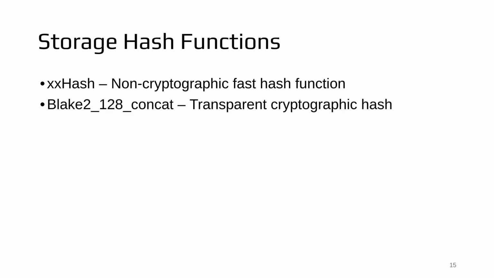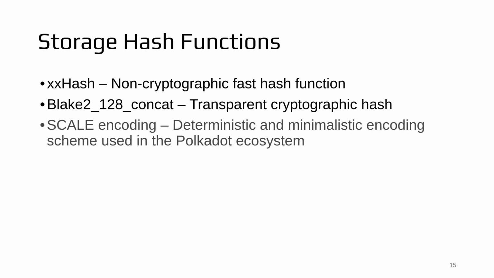They also use a Blake 2128 concat, which is a transparent cryptographic hash, and they use SCALE encoding, which is something that is just used in the Polkadot ecosystem. It's a minimalistic encoding scheme, basically. And so we're going to be using all of these different functions for accessing storage in the next section.